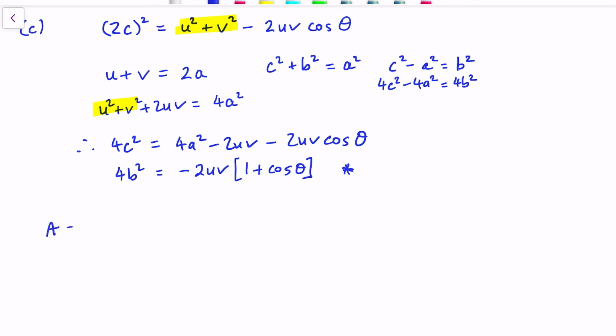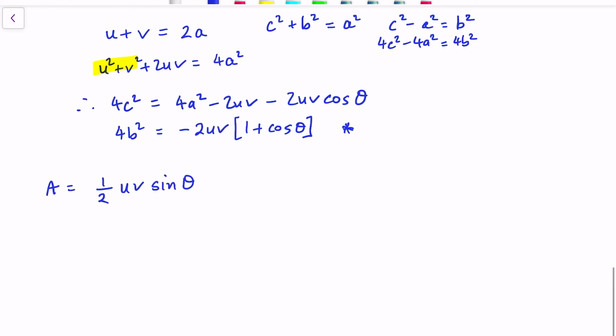Now the area of the triangle is half ab sine C, so half uv sine theta, and uv can be found using this relationship. So we've got a half, 4b squared over minus 2 times 1 plus cos theta, times sine theta.